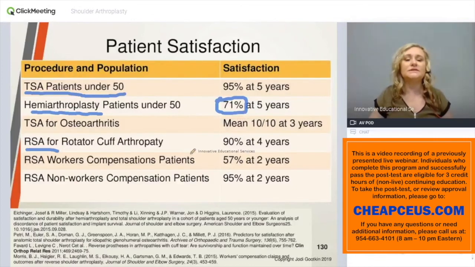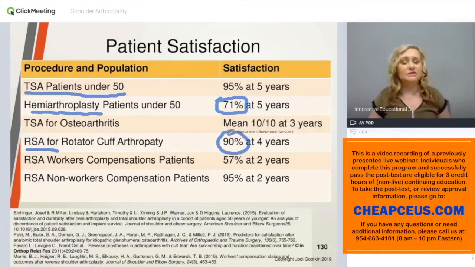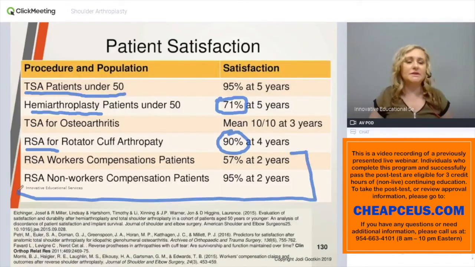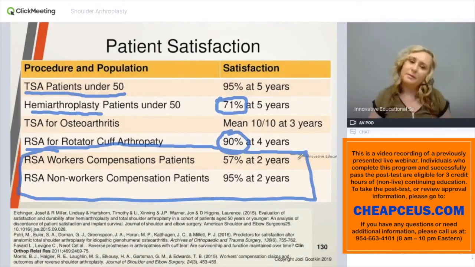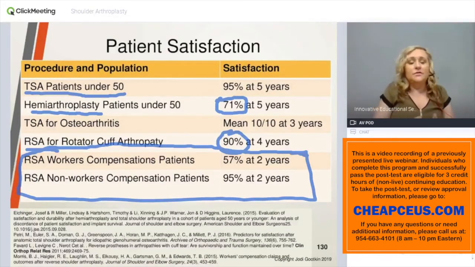For the reverse shoulder arthroplasty, they're finding a 90% patient satisfaction rate at 4 years out. And this was an interesting study, and I can't tell you what to do with this information, but I found the study and it made me pause, so I'm going to share it. They looked at individuals who had undergone the reverse shoulder arthroplasty, comparing individuals where whatever led to their pathology that required the replacement was, for some, related to a workers' compensation case.